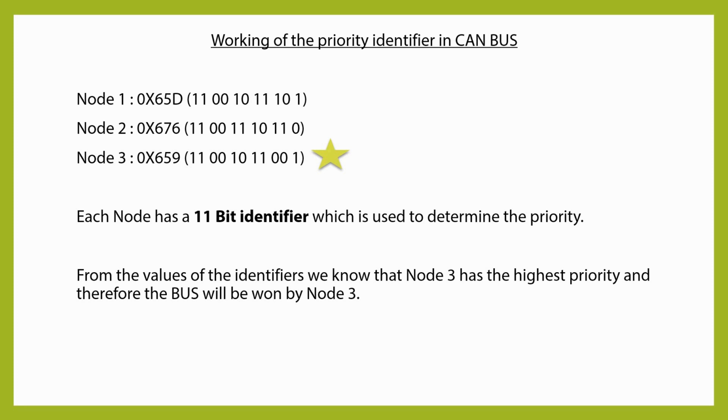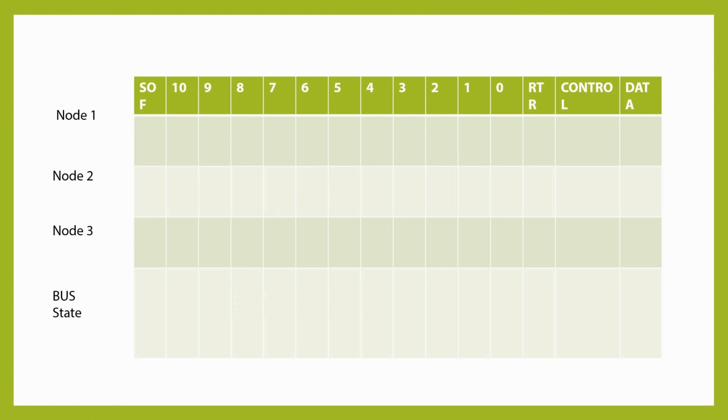Now we'll see how the microcontroller controlling all these things will identify each bit and determine whether this particular node has won it or not. So let's go. What we have is the typical format of a CAN bus message. We have the SOF start, and then first of all the 11-bit identifier 0 to 10: 0, 1, 2, 3, 4, 5, 6, 7, 8, 9, 10.